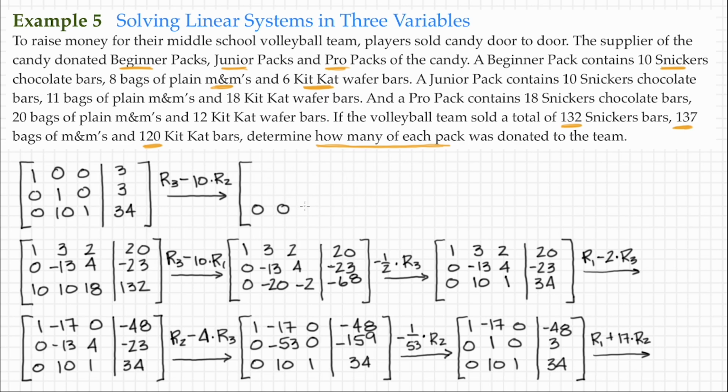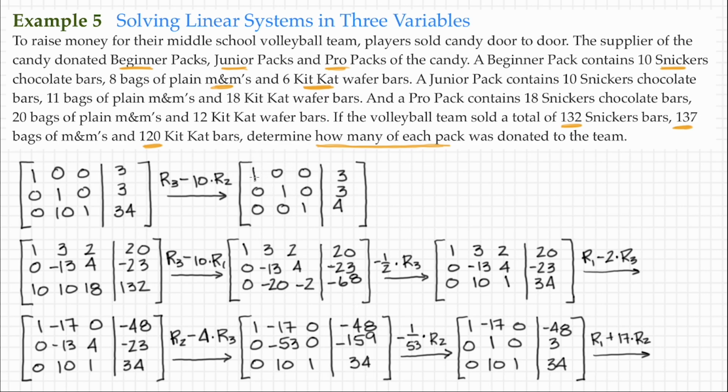Of course, then this is 1. Bring down our vertical bar. 3 times 10 is 30. And 34 minus 30 is 4. Close off our bracket. Fill in the rest. 3 and 0, 1, 0, and 3.